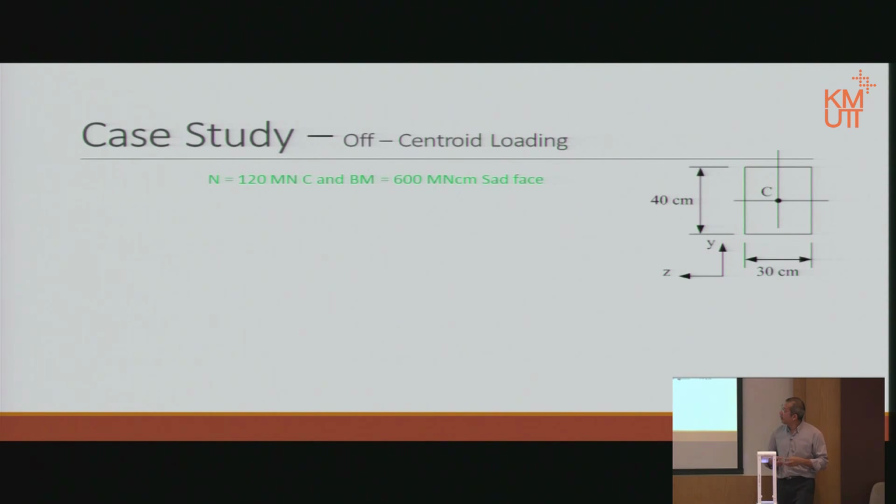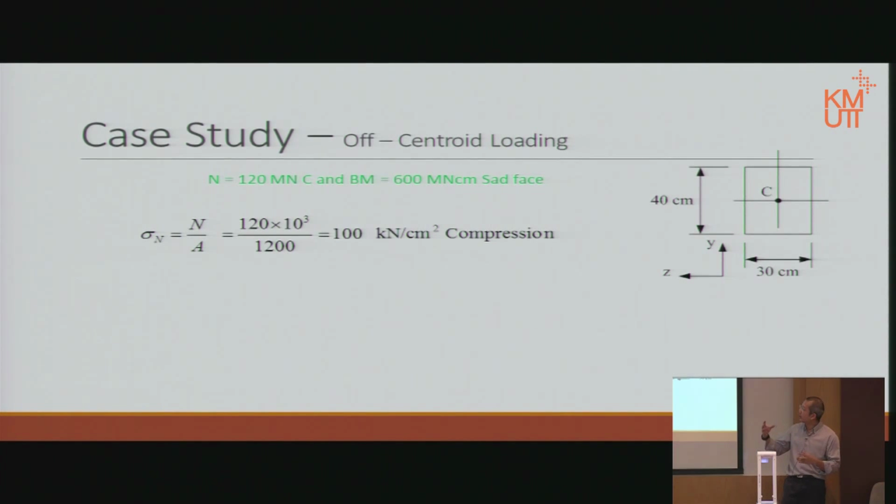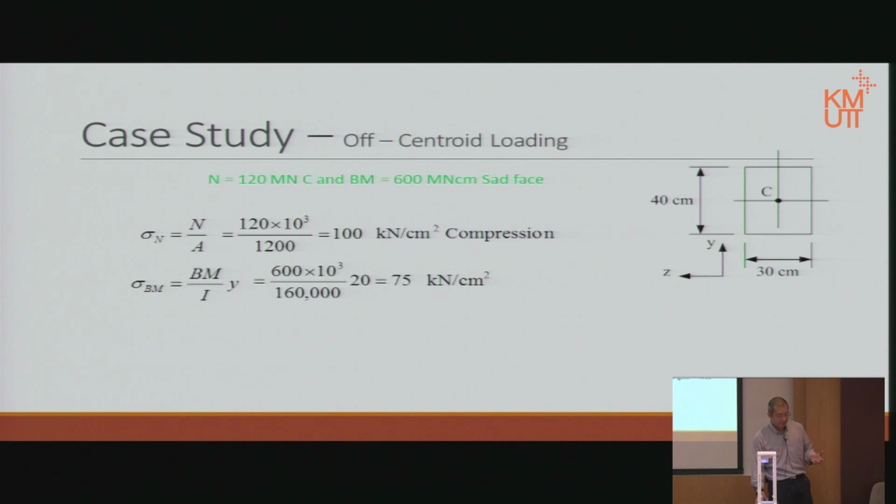Since we already calculated, N is equal to 120 compression, and the bending moment is 600 meganewton centimeters, Z face. Then we calculate the stress for the axial force, simply N over A, and then of course for the bending moment.